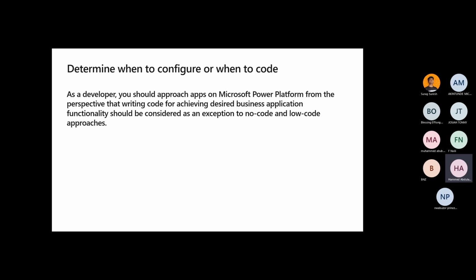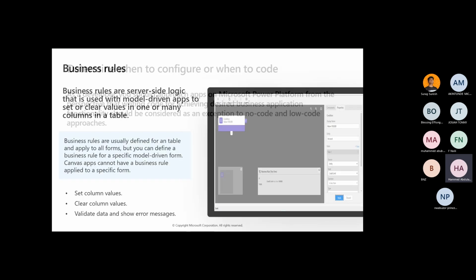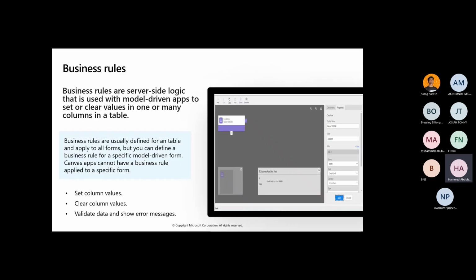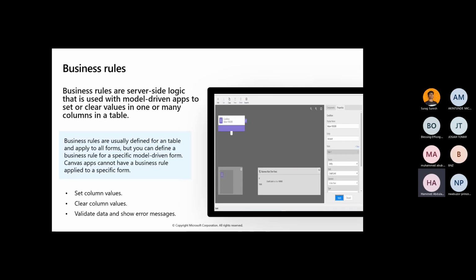Writing code should always be the last thing to think about when you're developing anything in model-driven apps. That is why Microsoft advocates for low code and no code in developing your application, right? Here we also have business rules.